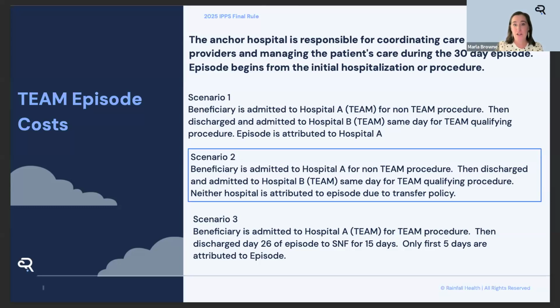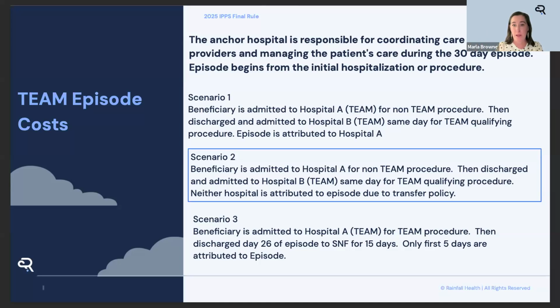They're discharged January 5th with a transfer to Hospital B on the same day. Okay, so the beneficiary is admitted to Hospital B for a qualifying TEAM procedure, MSDRG 470. Then they're discharged January 10th. So 2 hospitals, 10 days, one that was admitted to a different hospital from a TEAM participant hospital.